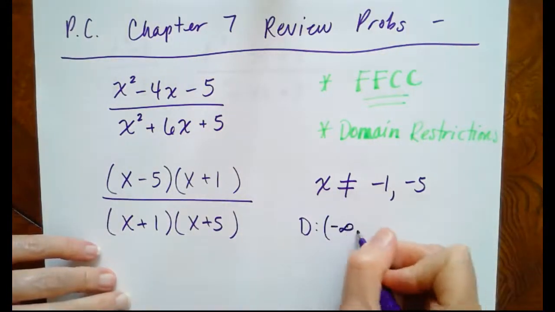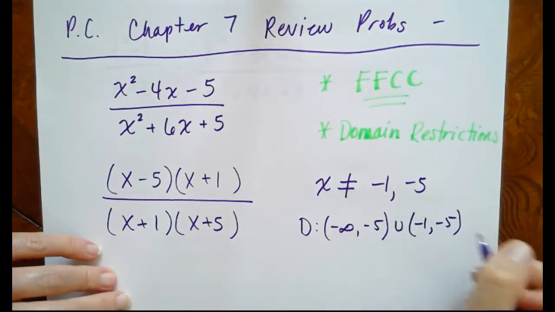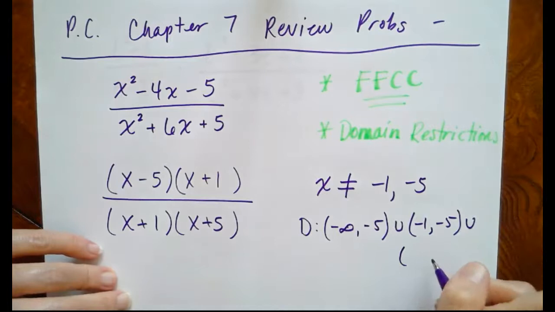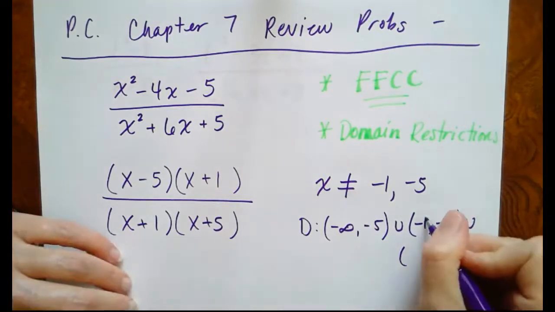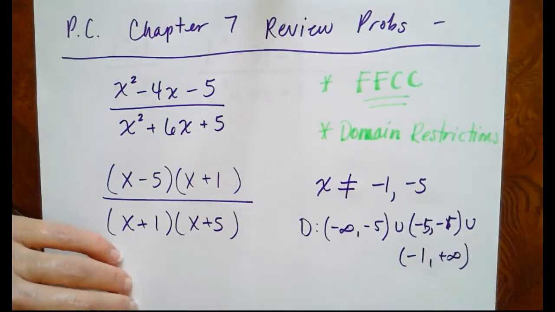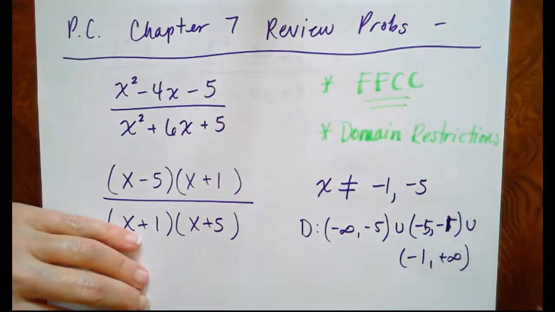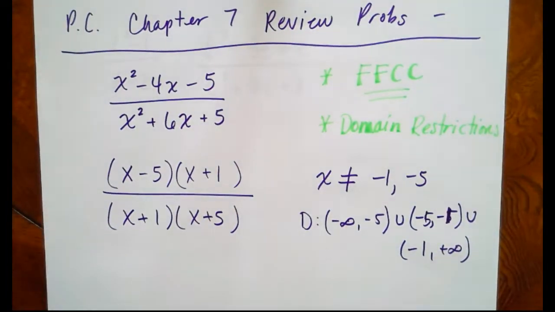So that'll be negative infinity to negative 5, union, negative 5 to negative 1, union, and then negative 1 to positive infinity.